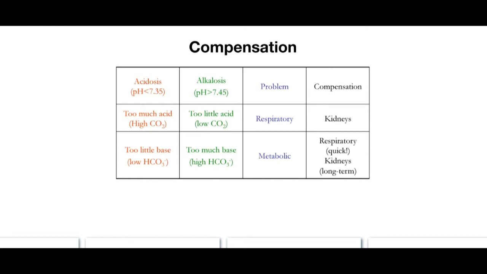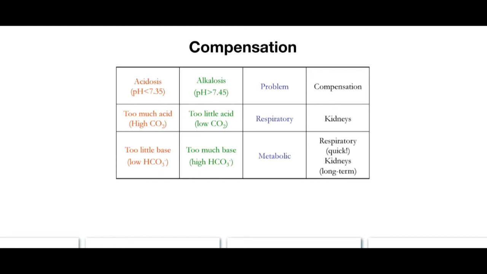If you have acidosis because you don't have enough base, or you have alkalosis because you have too much base, this is a problem with the levels of bicarb in the body. All right, so if the problem is a bicarb problem, it's considered a metabolic problem.